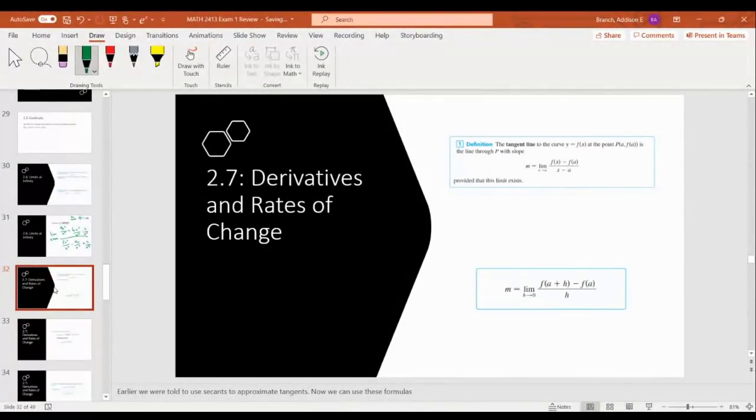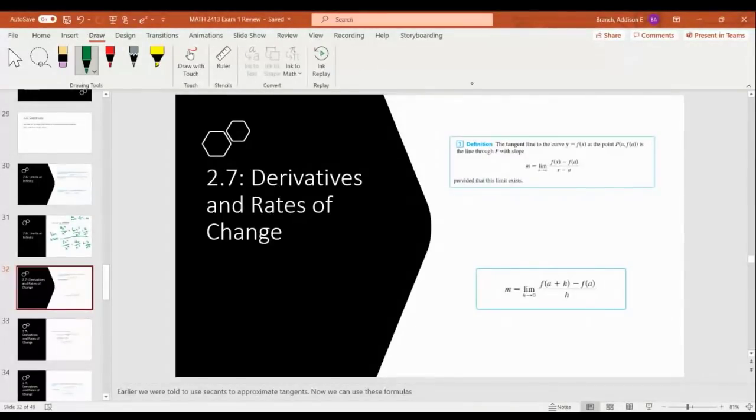We can say that the slope of our tangent line at some point A is equal to the limit as x approaches A of f of x minus f of A over x minus A. And this can also be rewritten as the limit as h approaches 0 of f of A plus h minus f of A over h. So essentially, these mean the same thing, they're just written a little differently.